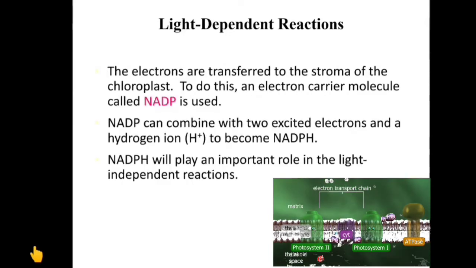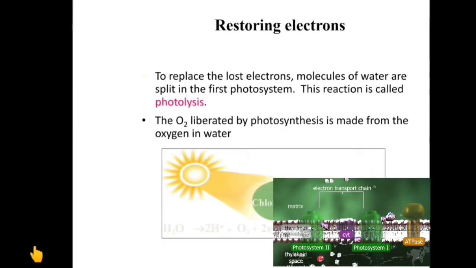The electrons are transferred to the stroma of the chloroplast. To do this, an electron carrier molecule called NADP is used. NADP can combine with two excited electrons and a hydrogen ion to become NADPH. NADPH will play an important role in the light independent reactions. To replace the lost electrons, molecules of water are split in the first photosystem. This reaction is called photolysis.